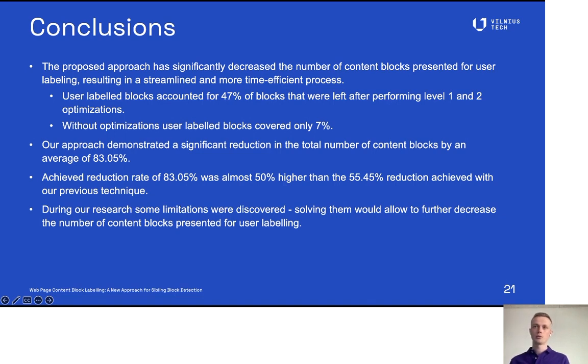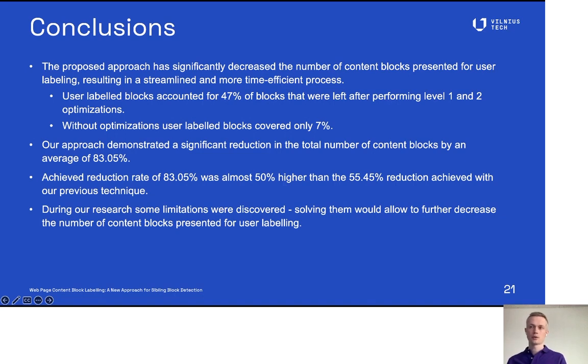We were able to reduce the total number of content blocks by 83%, meaning that only 17% of content blocks need to be manually labeled, and the rest can be auto-labeled or discarded as not usable content. By implementing remote siblings detection, we improved the reduction ratio by 50% when compared to our previous optimization method.